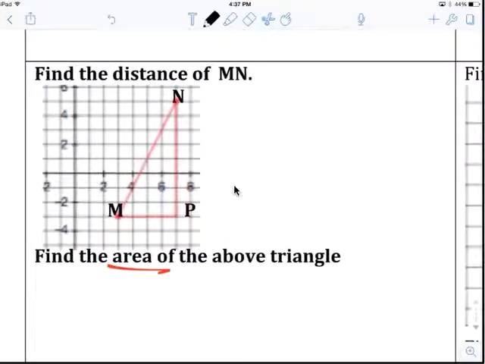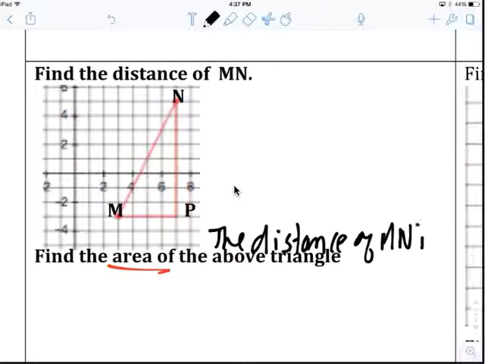The distance of MN is, okay, you find that distance. This is 4, 1, 2, 3, 4 by 1, 2, 3, 4, 5, 6, 7, 8. 4 by 8.